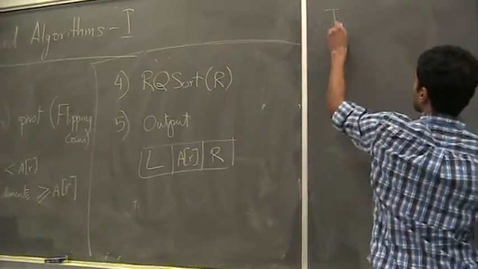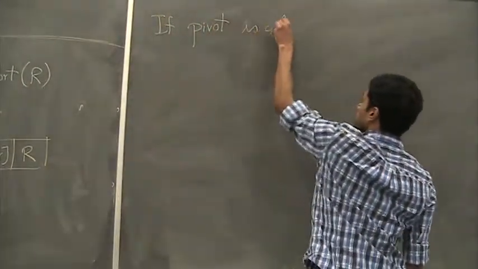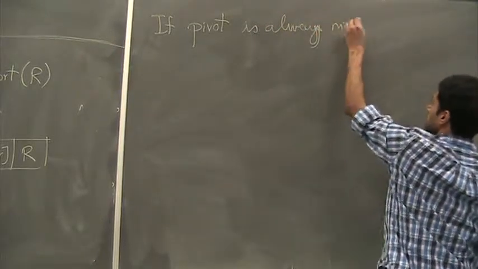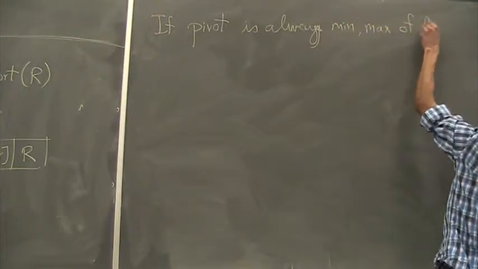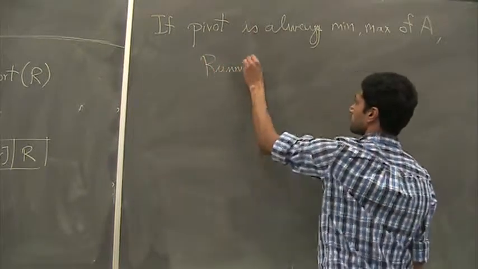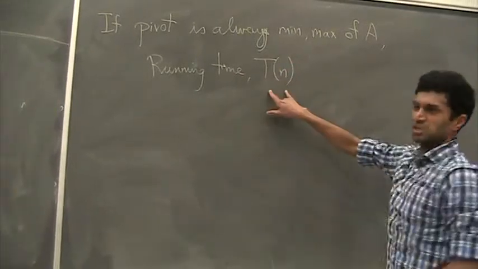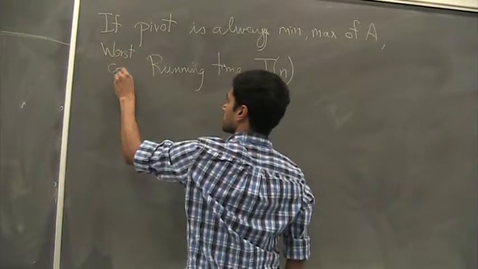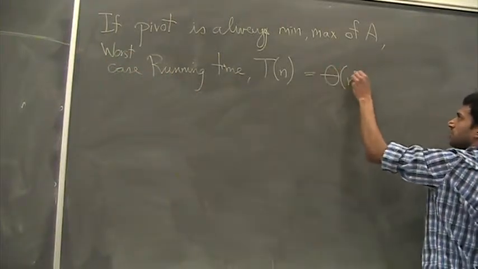So if the pivot is always the minimum or the maximum of A, then the running time, which I'll denote as T of n, in the worst case is essentially going to be something like theta of n squared.